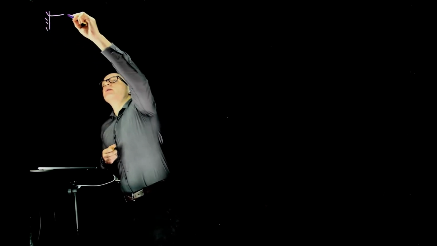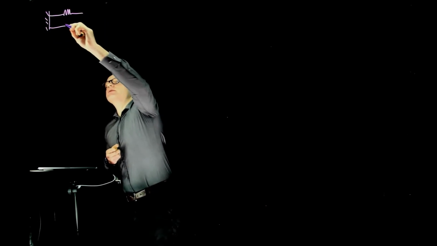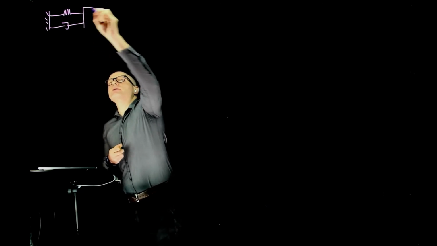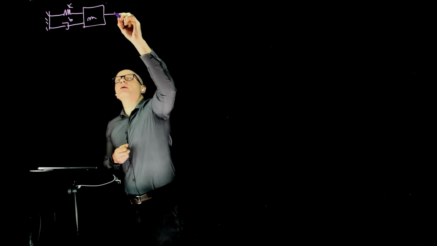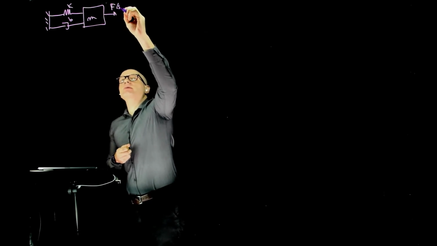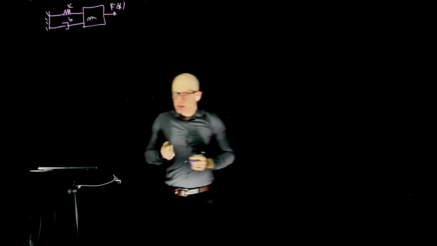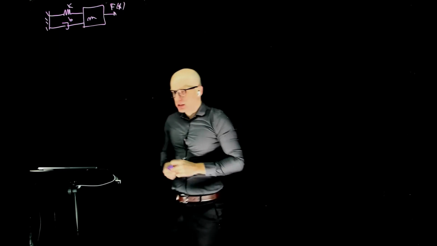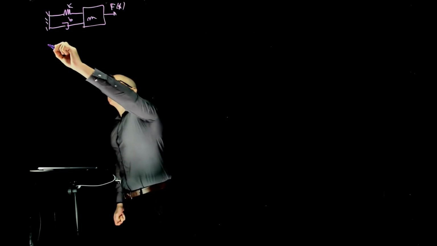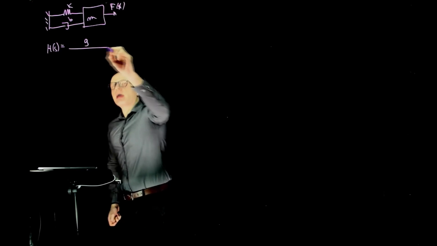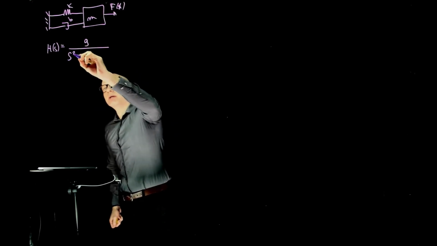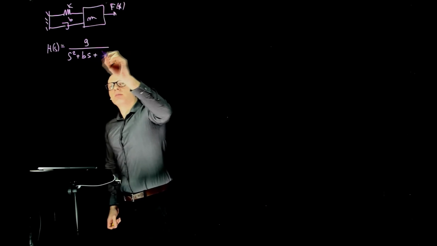Okay, so you remember from one of the lectures, we had this mass spring damper system again. This models a variety of different things. You have a force being applied to it. In this case, it's modeling a muscle, and the transfer function between displacement and force is 1 over s squared plus bs plus 9.